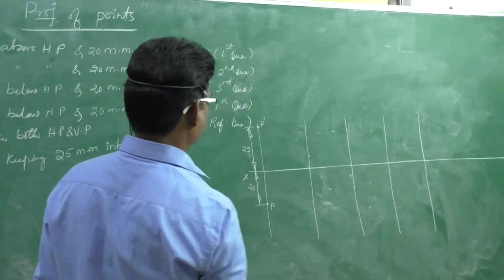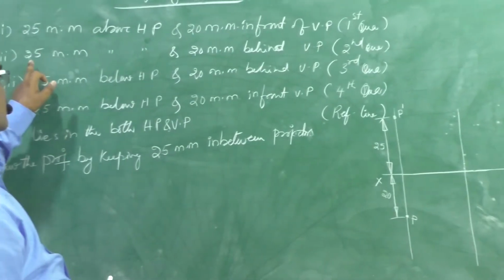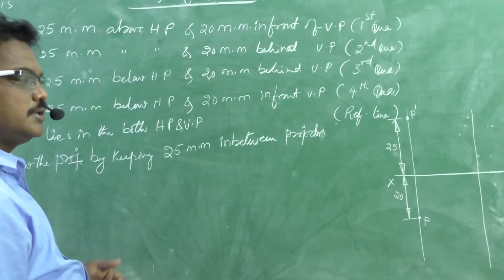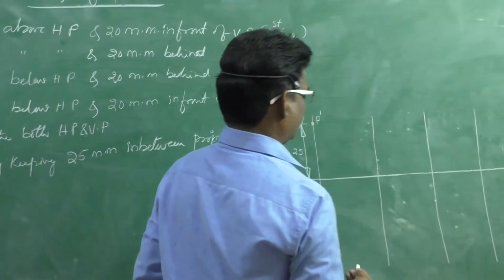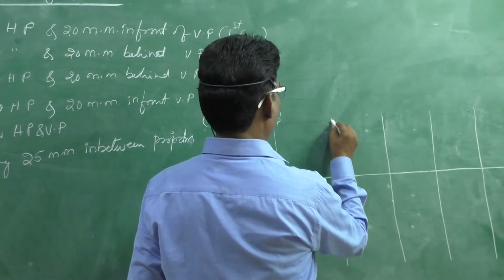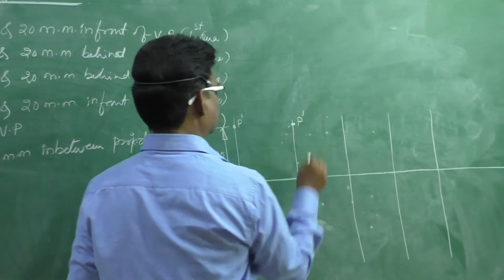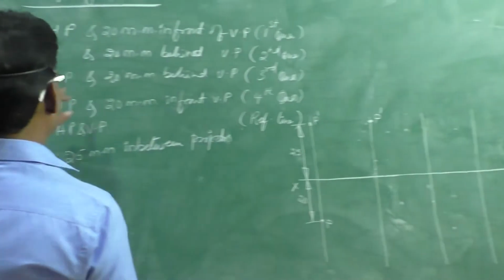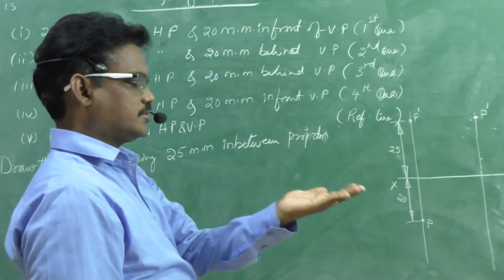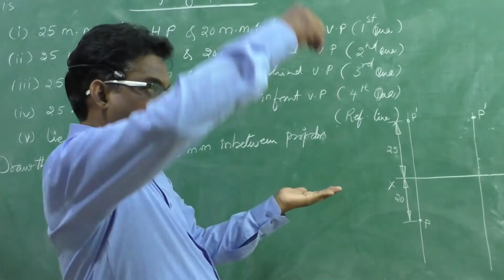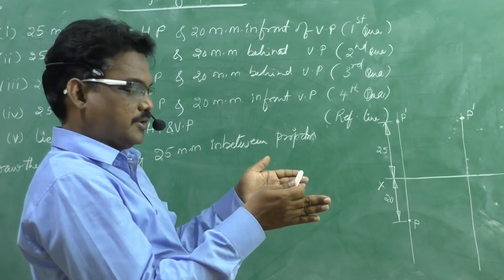Now go for the second case. In the second case, 25 mm above HP. Above HP, that is visible in the front view. 25 mm. Therefore this is the front view, P dash. Next, 20 mm behind VP. If it is behind VP, in the top view, that distance 20 mm we can see.